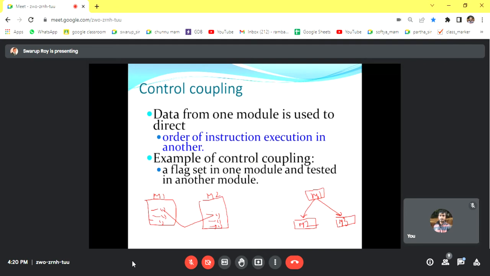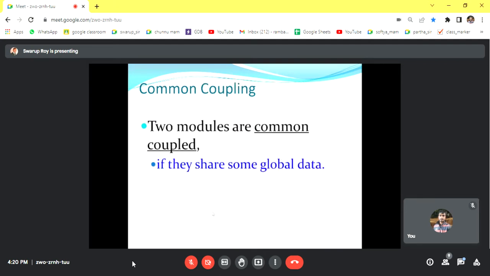M2 will return a flag, 0 or 1: 0 means it's not a prime, 1 means it's a prime number. Based on the value that M2's function returns, M1 will take a decision. So M1 will wait for M2's function to return that control value. If two modules are connected in such a way, then it's basically control coupling.